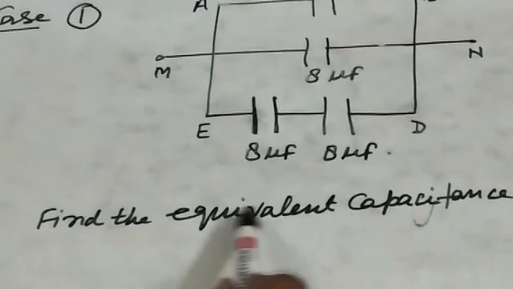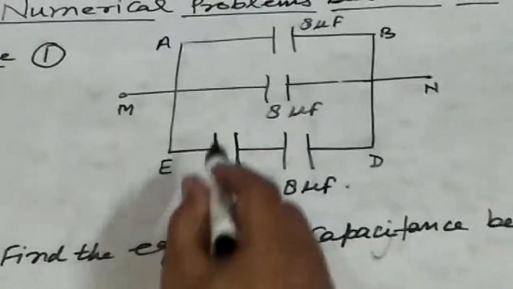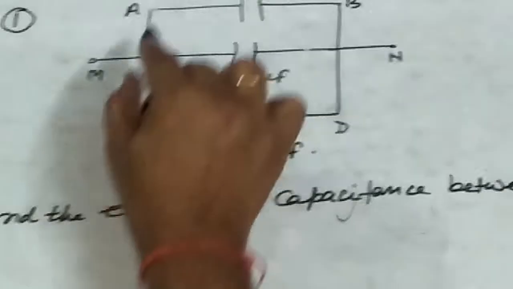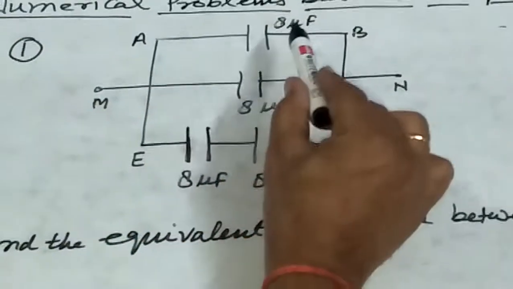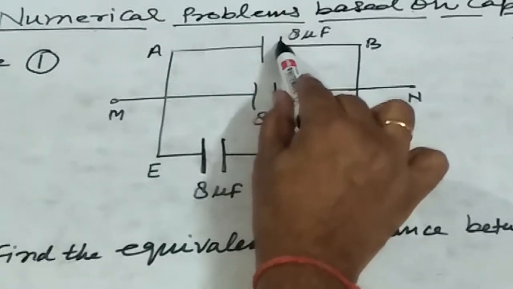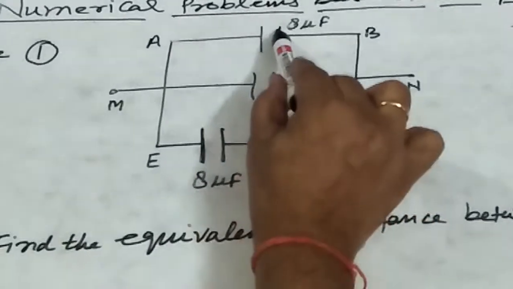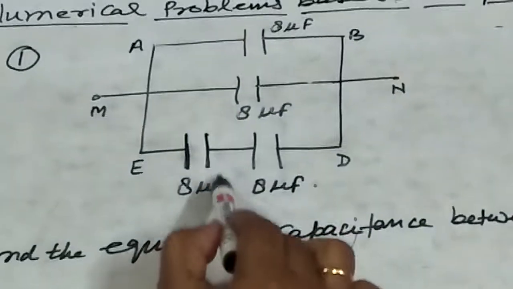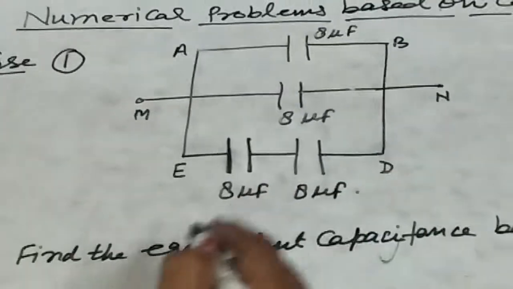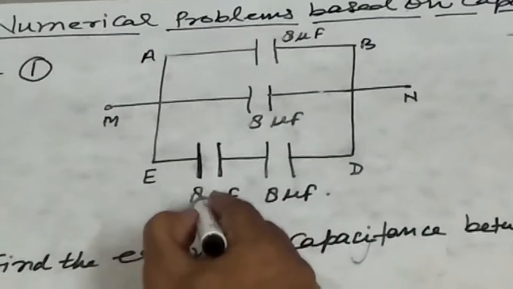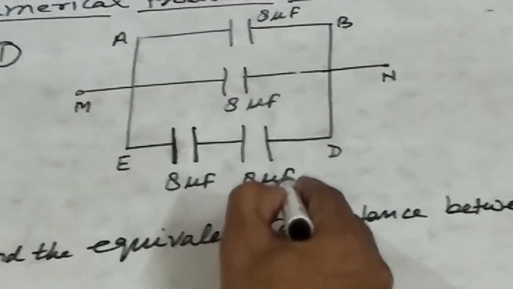Our aim is to find the equivalent capacitance between M and N. So first you look here, out of all these capacitors, it is clear that this 8 microfarad and this 8 microfarad are both in parallel. But this 8 microfarad and this 8 microfarad are both in series. So first you will find the equivalent capacitance of these two.